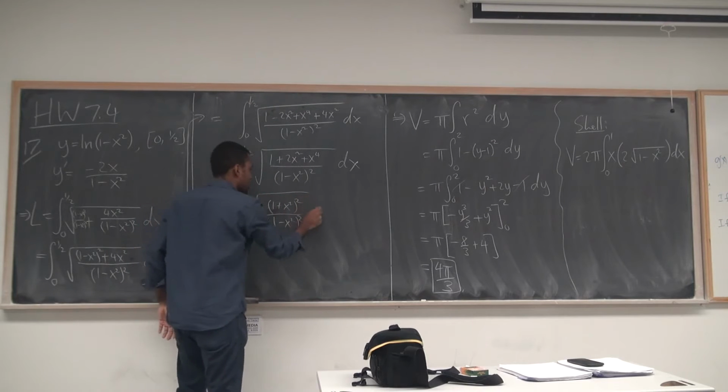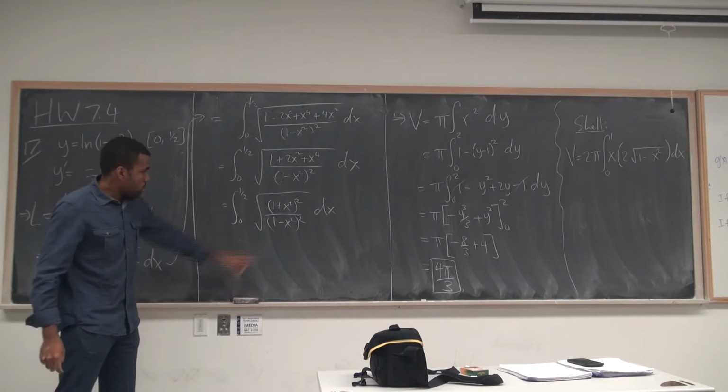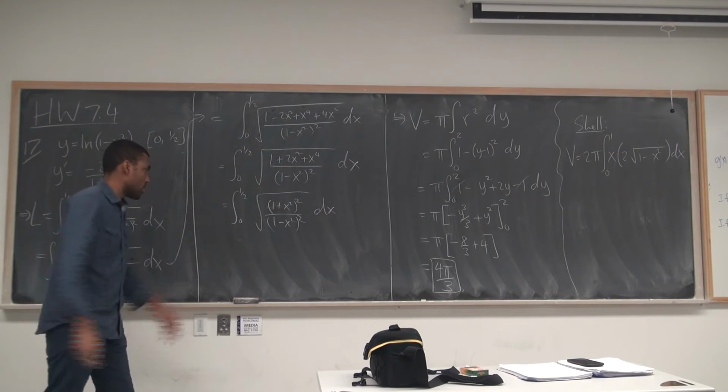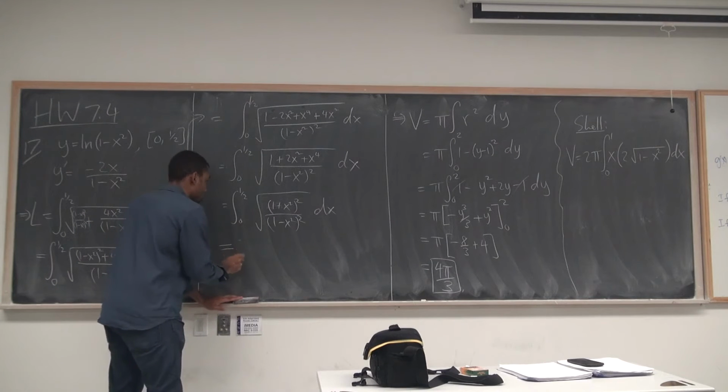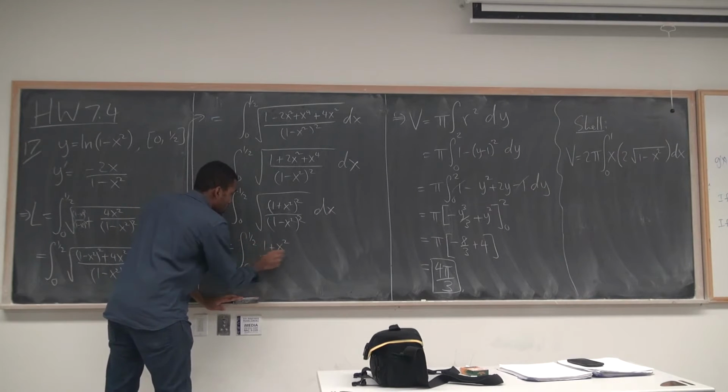And we are on an interval where both of these give us positive numbers, which means the radical of the square is just the function itself, because the absolute value would give us the original function. So this just becomes 1 plus x squared over 1 minus x squared.